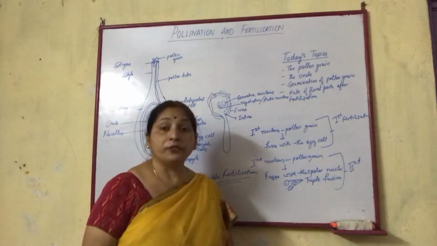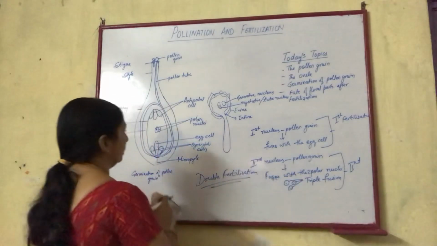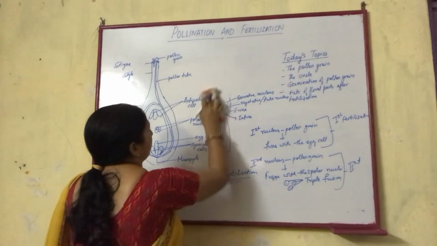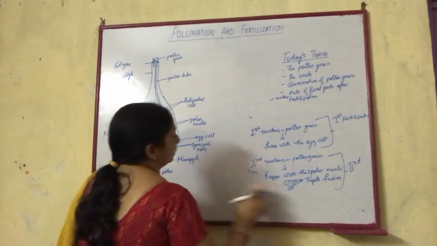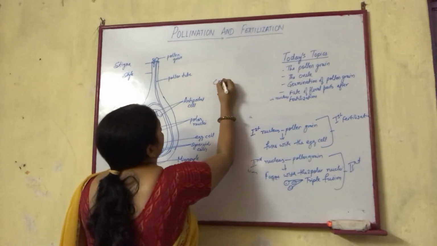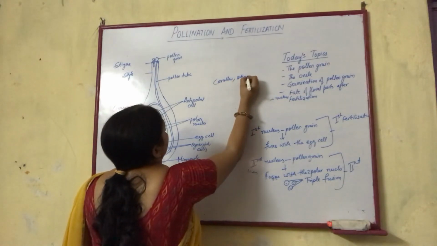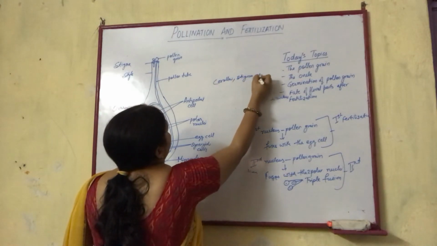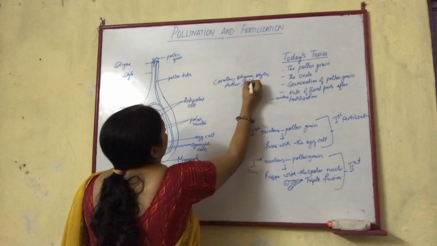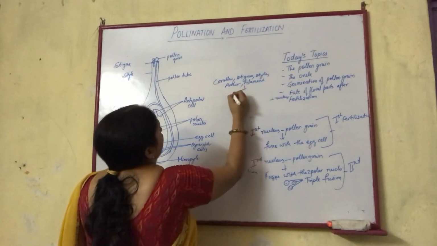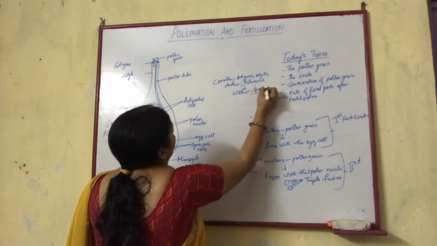Then next is the fate of floral parts. Let me write this. The corolla, the stigma and style, the anthers and filament, all these parts wither off or fall off.